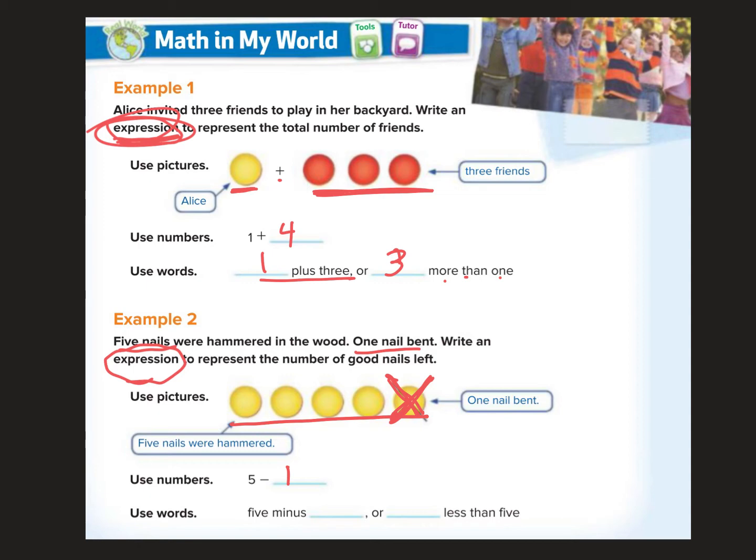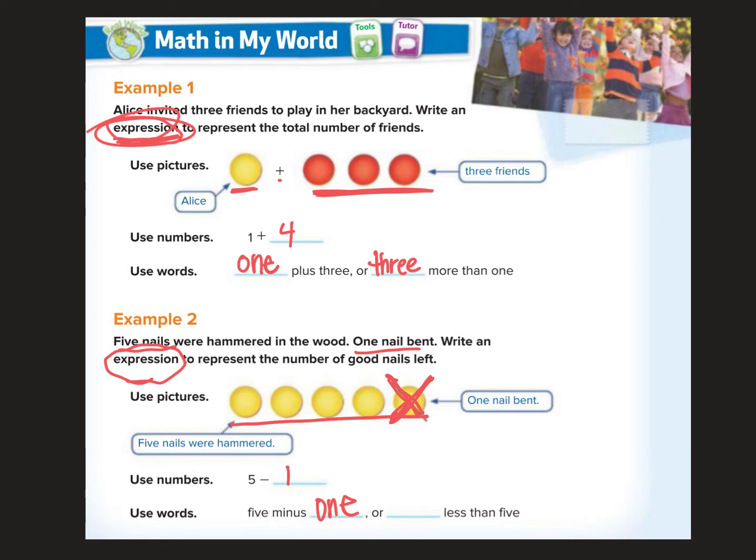If I was going to use words, I could say 5 minus, oh my goodness. I should be using words, you guys. These are numbers. Yeah, I need to write them out. Five minus one or three more than one. Okay.